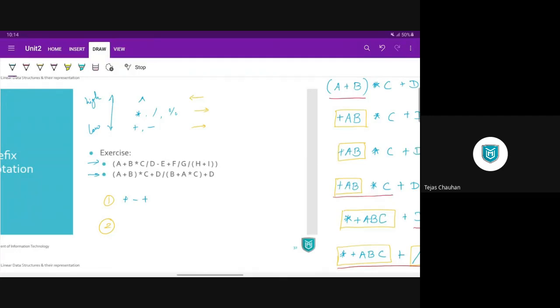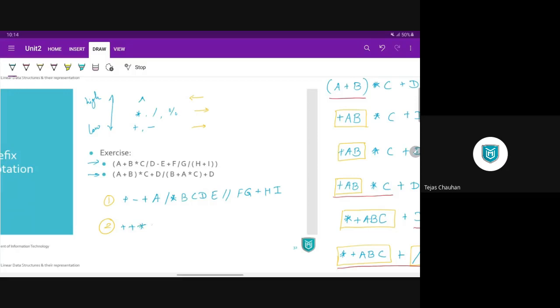Plus minus plus A divide star BCDE divide FG plus HI. Okay, this is the solution for the first one.